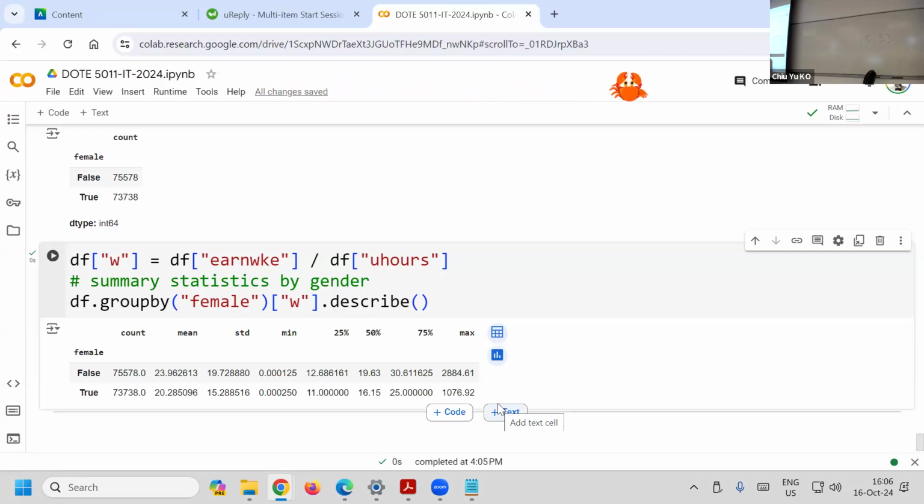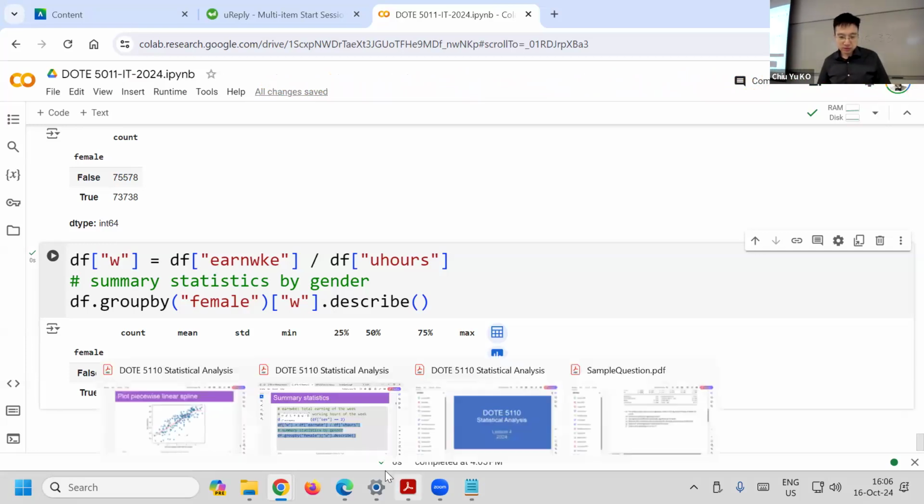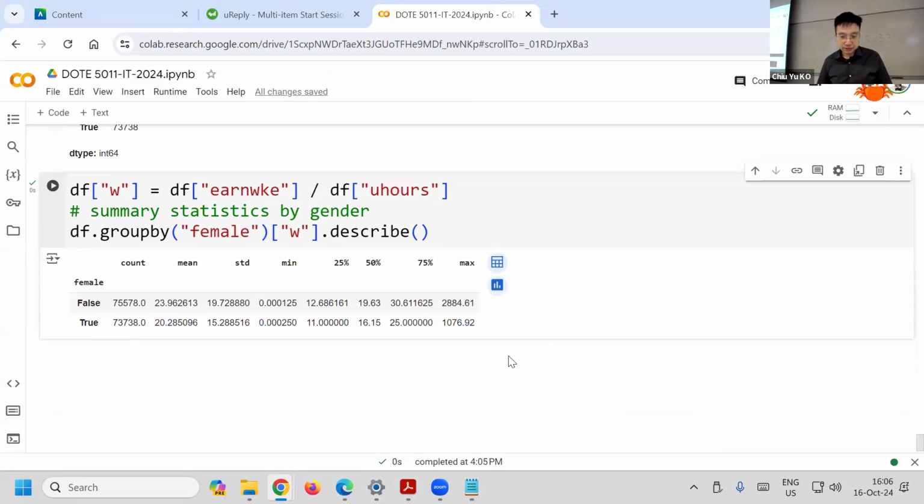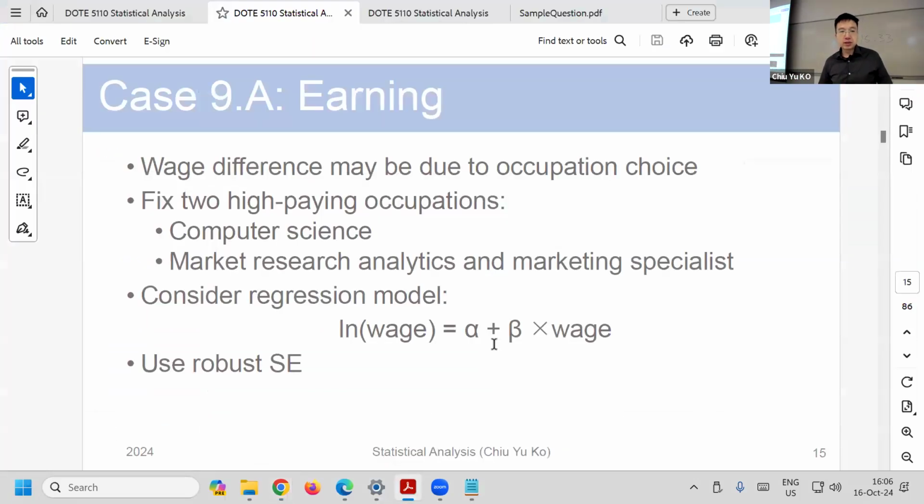I don't know who that is, maybe a lawyer making 1,000 US dollars. That seems too good to be true, but anyway.